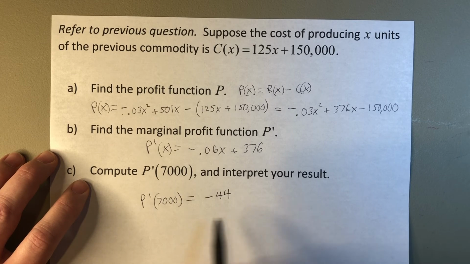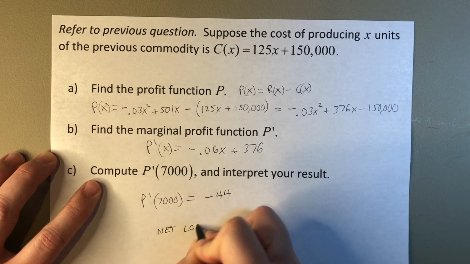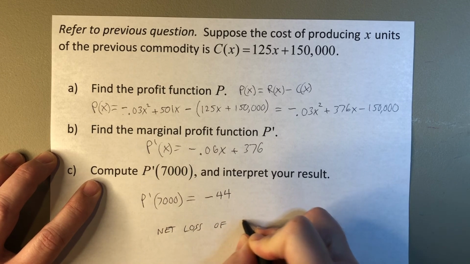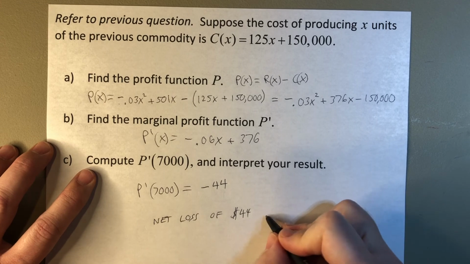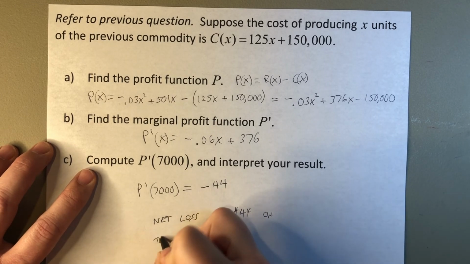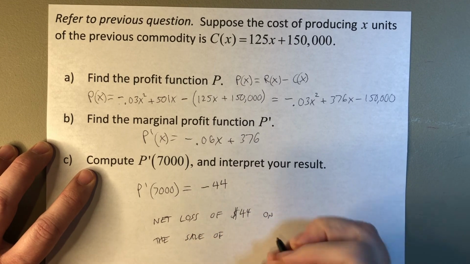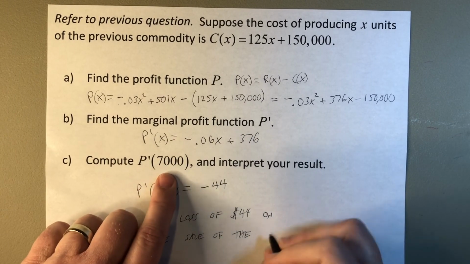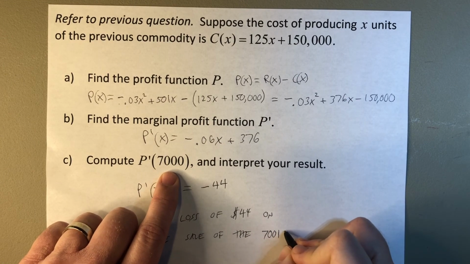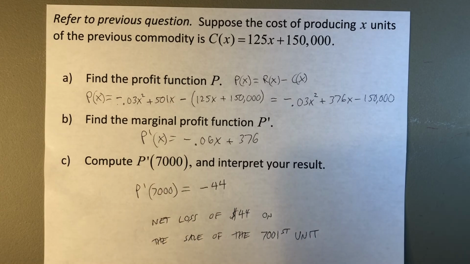This means the profit realized would actually be a net loss of $44, okay, on the sale of the 7,001st unit of whatever this commodity was, okay?